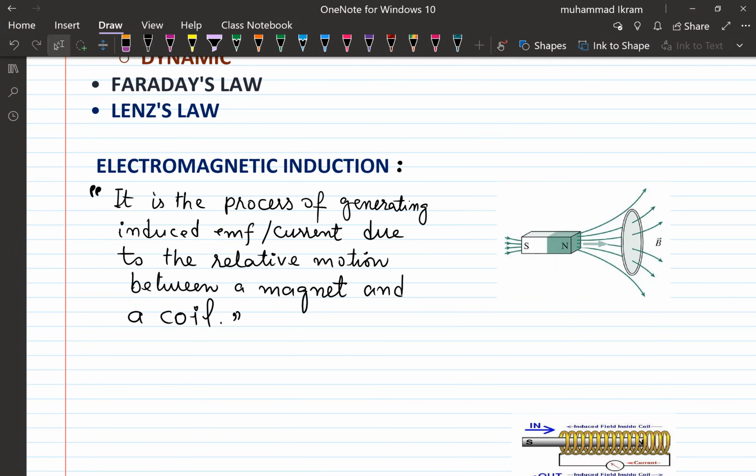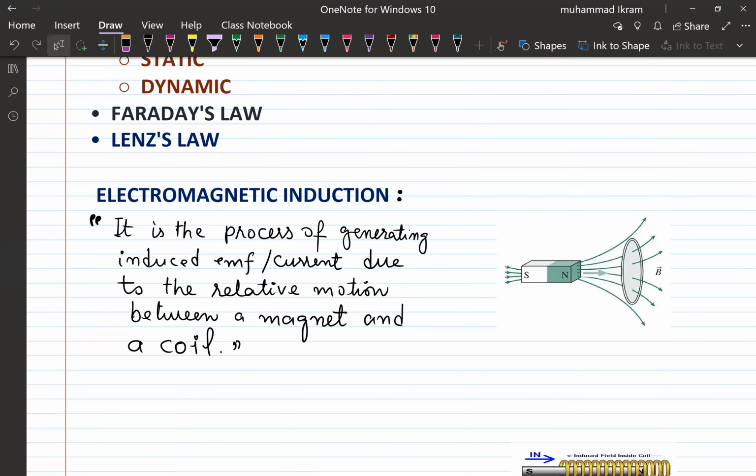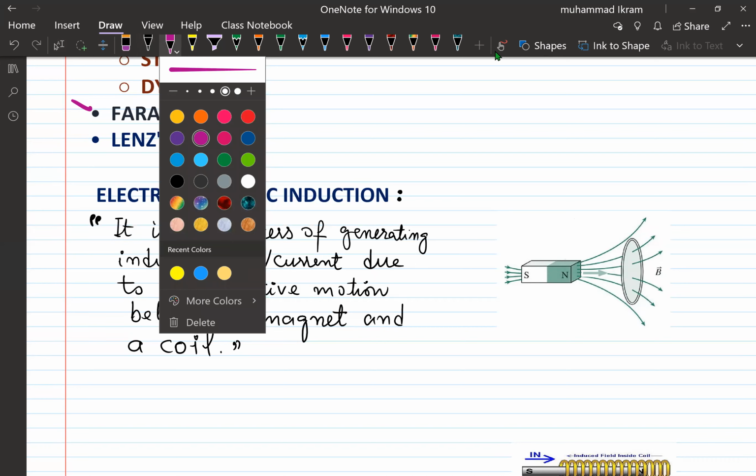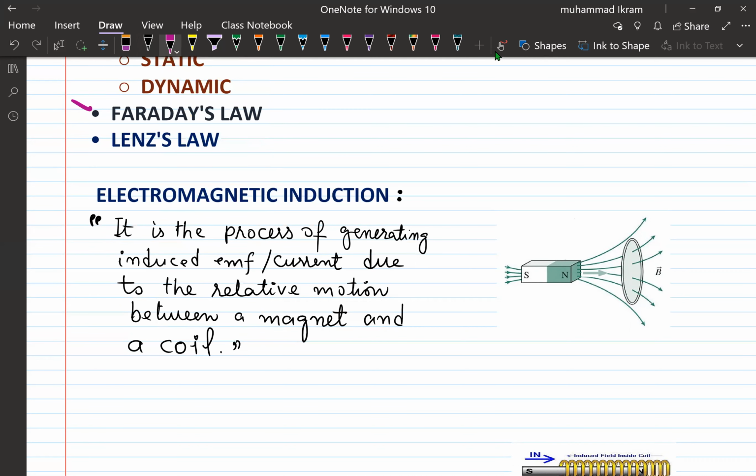The phenomenon of electromagnetic induction was first discovered by Michael Faraday in 1831.